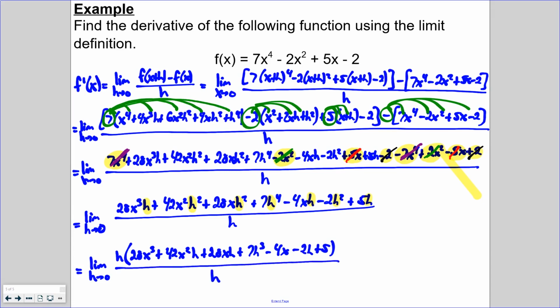Alright, so now that we have factored out one of the h's, we can cancel that factor out in the numerator and denominator. And it's going to leave us with the limit as h approaches 0 of 28x cubed plus 42x squared h plus 28xh squared. I'm not going to be able to fit it in here. I need to make a little bit of room, so hang on for a second.